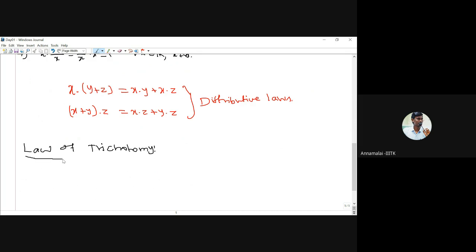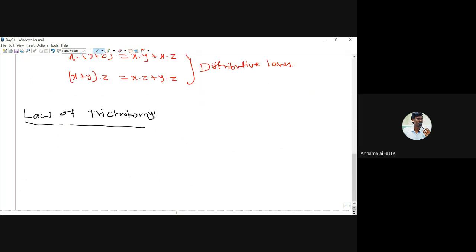What the law says is, if you take any two real numbers x and y, then one of them must be true: either x equals y, or x is strictly less than y, or y is strictly less than x.